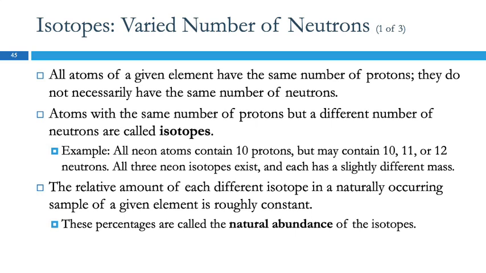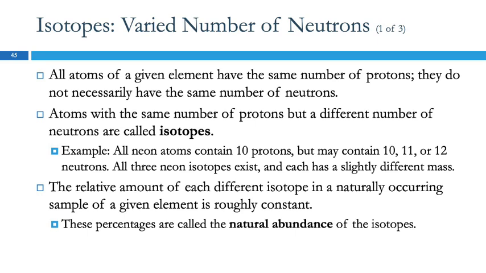So all the atoms of a given element have the same number of protons. So in that way, they are the same. They all have the same number of electrons as atoms, because those have to match up with the protons. But some of them have a different number of neutrons. And so this is where Dalton's atomic theory, where he said they were all identical, we have to modify it because they differ in the number of neutrons.